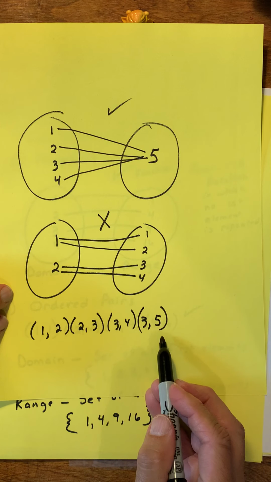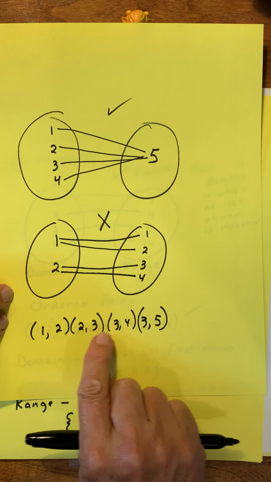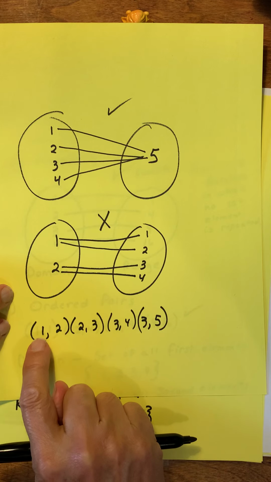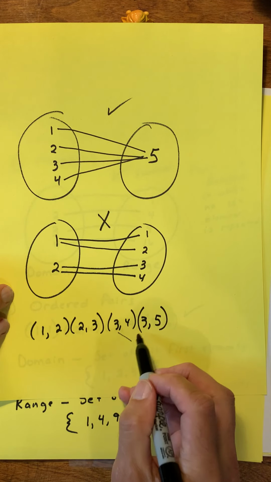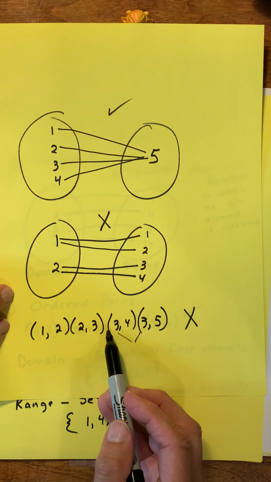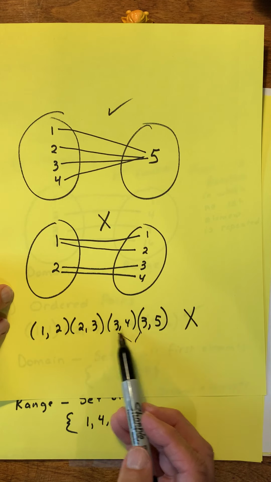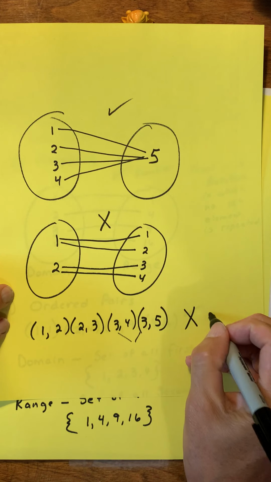Does that represent a function? No, because there is a first element repeated. Look at your first elements: 1, 2, 3, 3. First element repeated, not a function. So that's all you have to do. All you have to check is the first elements to see if any first element is repeated. Hey, this is a relation, but it's not a function.